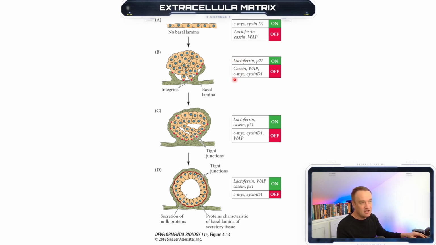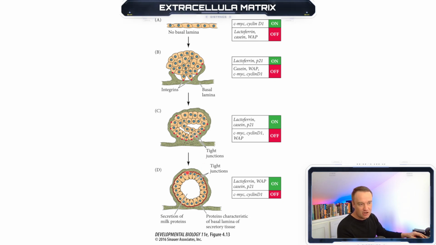So this is an early stage, right? As the mammary gland wraps around, we've turned off cell division, but we haven't turned on the mammary products yet, besides lactoferrin. We start forming these tight junctions around these mammary cells.